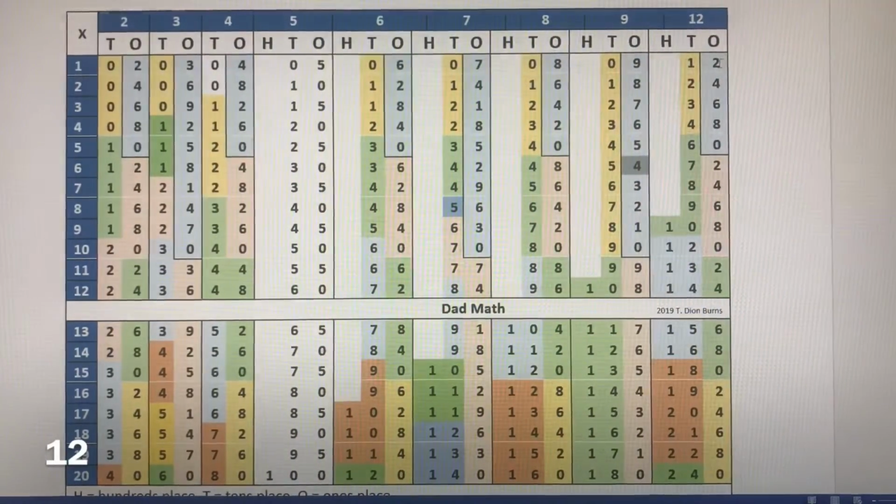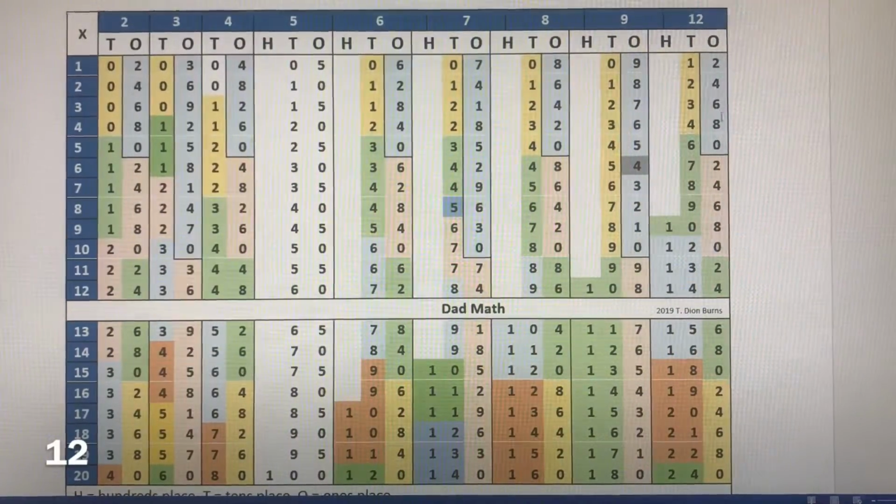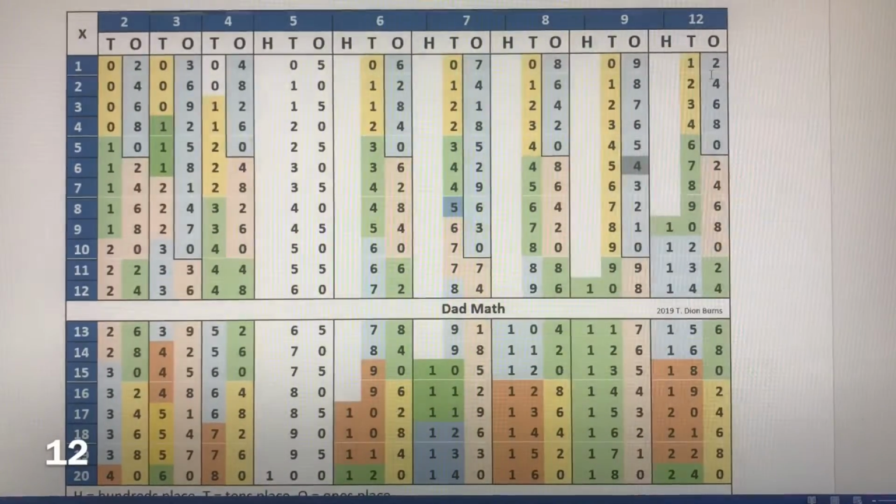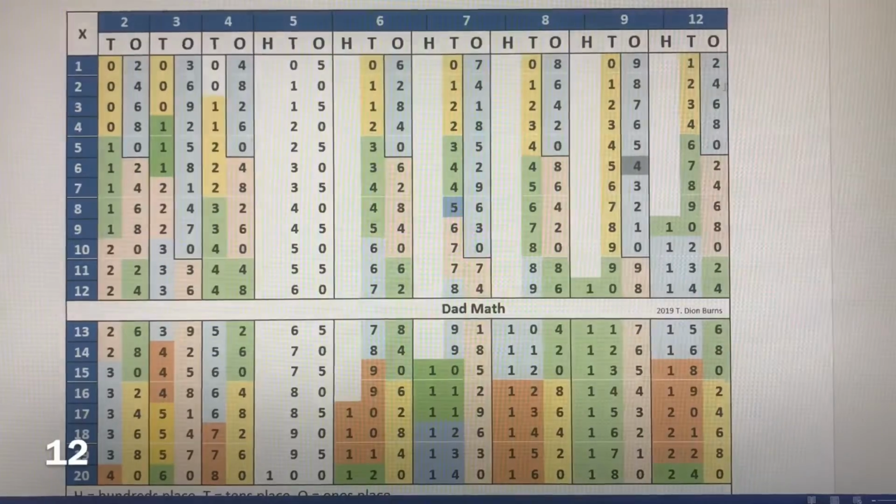Now if the pattern is 2, 4, 6, 8, 0, then the next answer has to end in 4. Okay? Now the difference between this is you're always going to go up a 10. So it can't be 14 because 12 plus 2 is 14.